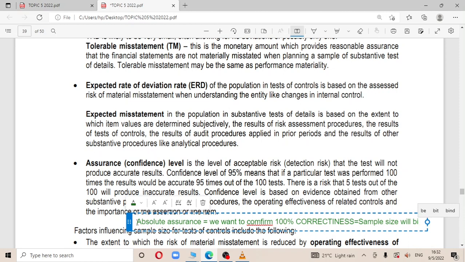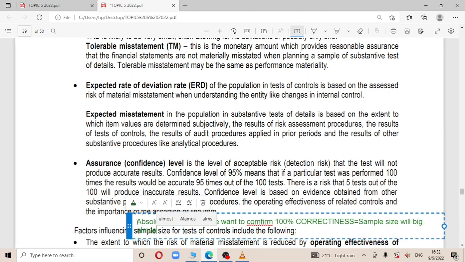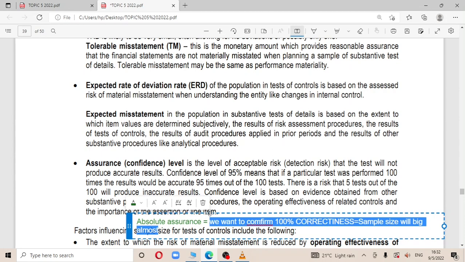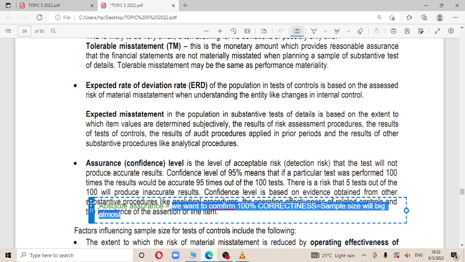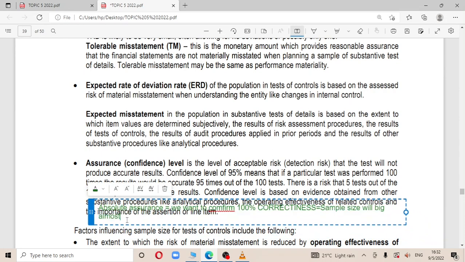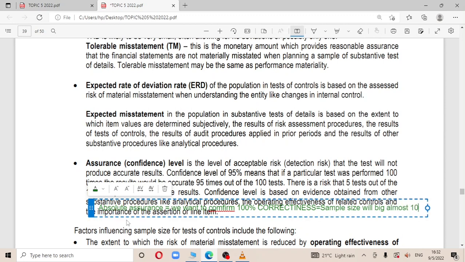So this one you may not select very big samples, because your objective is not to test the correctness of everything. So it will also determine your sample. You get it?